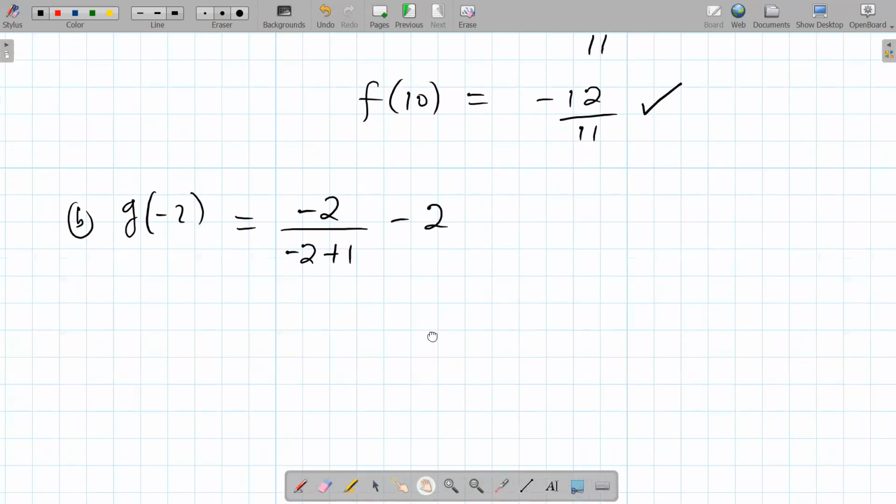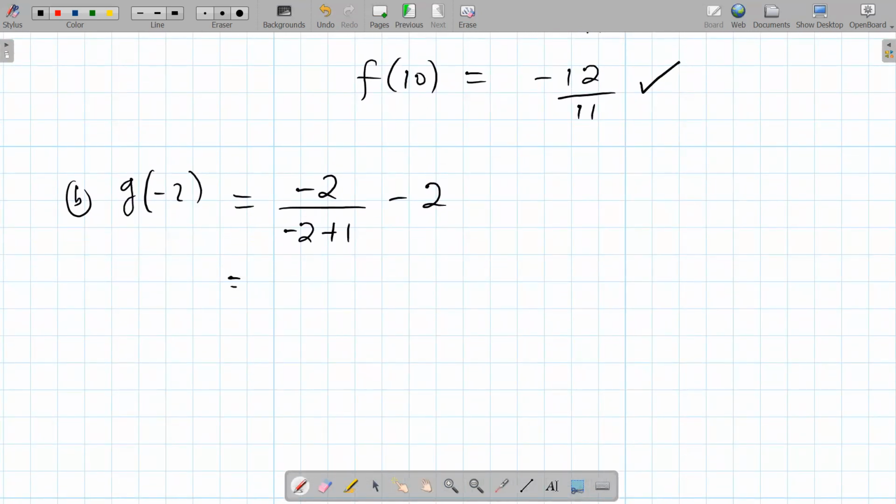All that I do is try to evaluate the denominator. Negative 2 plus 1 is negative 1. And you'll find out here that we have 2 negatives. When we divide 2 negatives, the result will be positive. But then 2 over 1 is also 2. So everything here is going to be 2. And then I subtract 2. And my result will be 0. That's all.